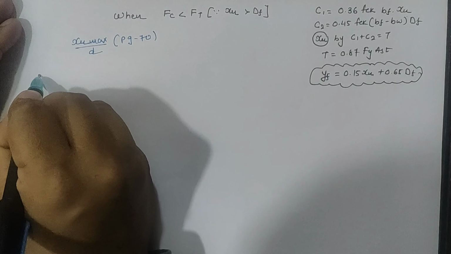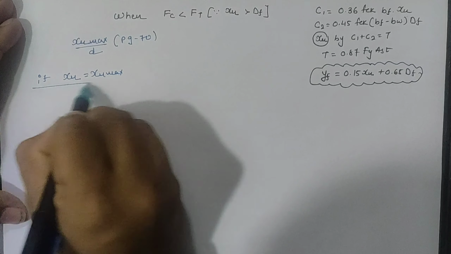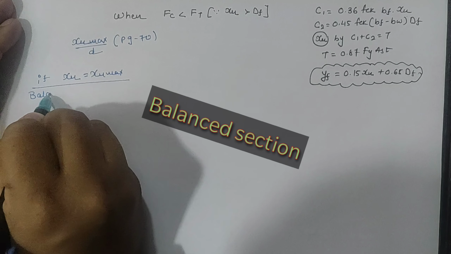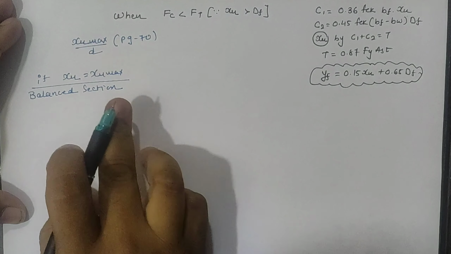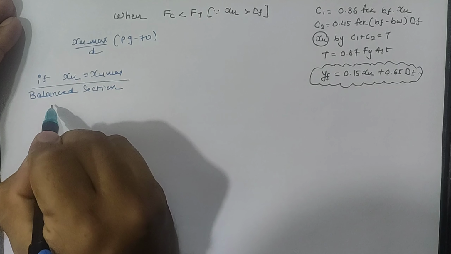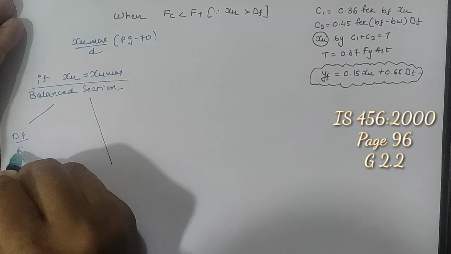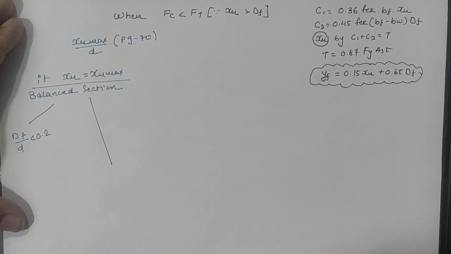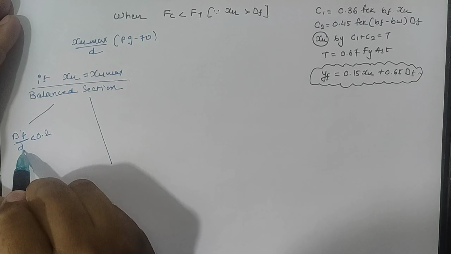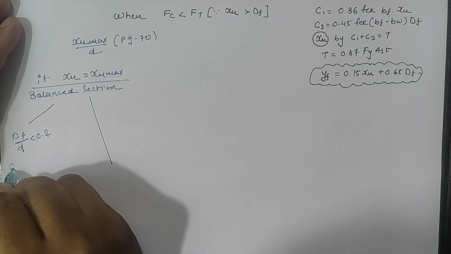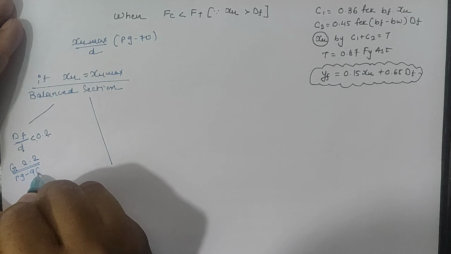If our XU value is equal to the XU max value, it means that our beam is a balanced section, and for the balanced section we have to calculate two different values. First, DF by D is less than 0.2. It means that the depth of the flange divided by effective depth is less than 0.2. Then we have to use equation G 2.2 from page number 96.